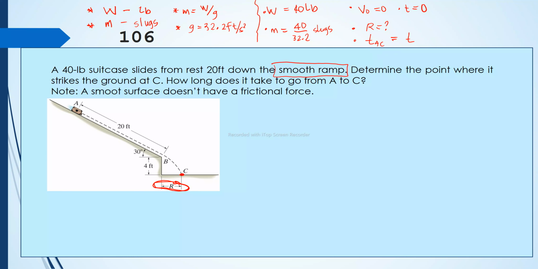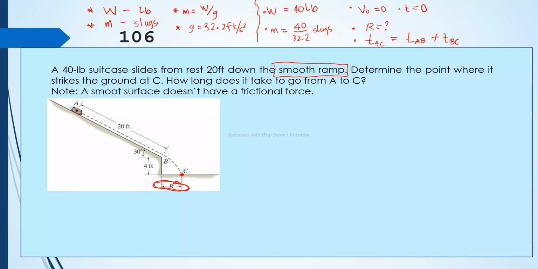It is being thrown from B to C. Therefore, the object starting from point B acts like a projectile. So we have two times to be solved: the time from A to B and the time from B to C.